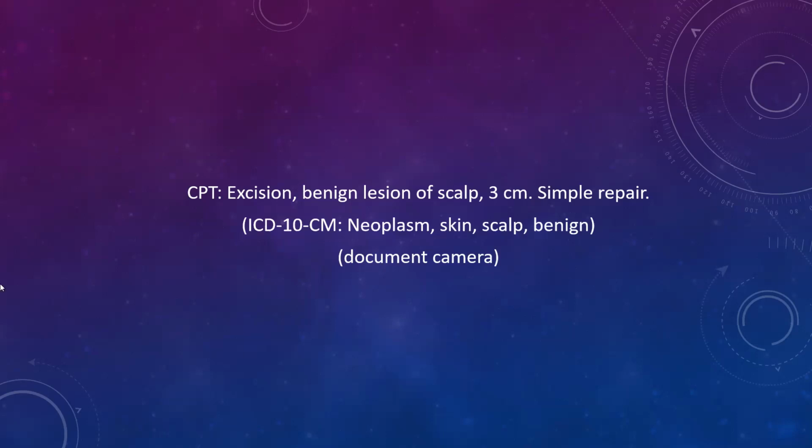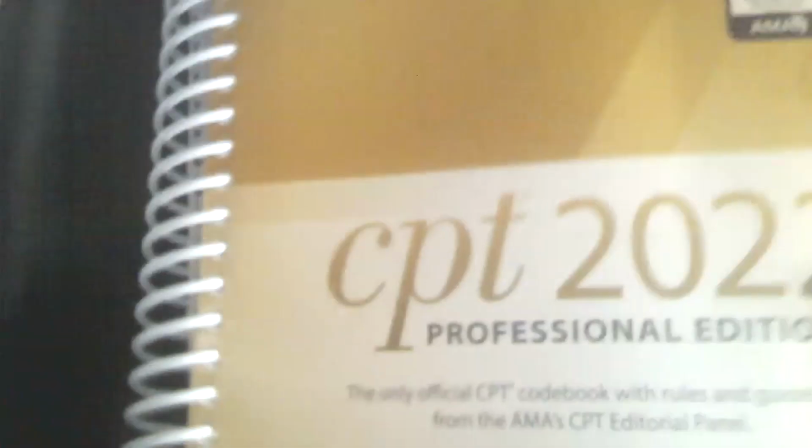So we are going to look in that manual for a benign lesion of the scalp. Okay, so let's go look at our manual. All right, so again, if you didn't know where to look, you could go back into the index and look under skin and excision and lesion and all of that.